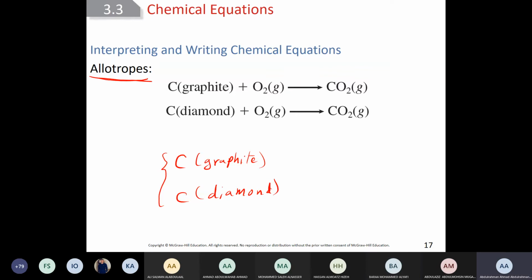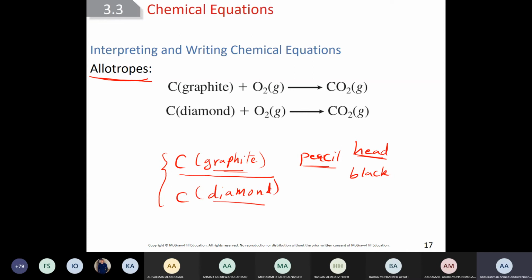Do you know what graphite is? A pencil. The black thing in the pencil, the black thing that we write with, is actually graphite.